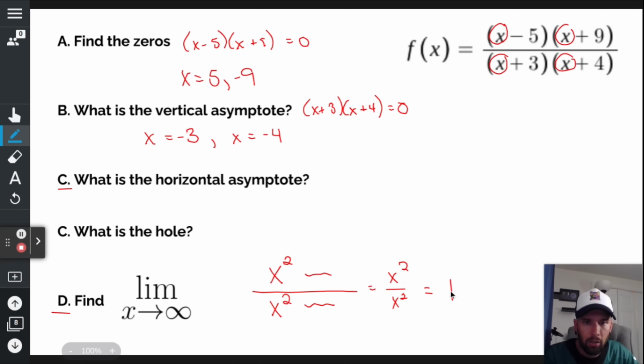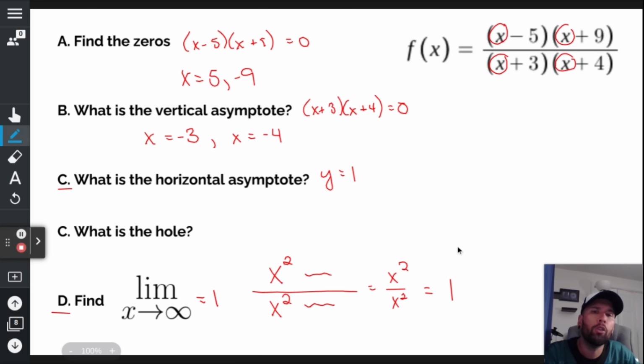Well, there is no x. I just get 1. So the limit as x approaches infinity is 1, which means my picture, whatever it looks like, is going to end up flattening out at 1. So a horizontal line that flattens out at 1 is going to be the equation y equals 1.